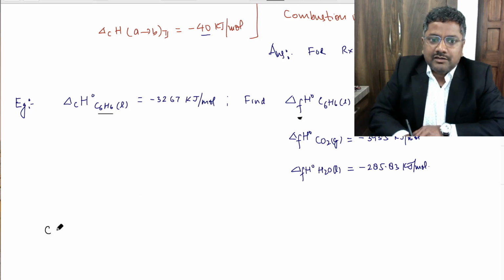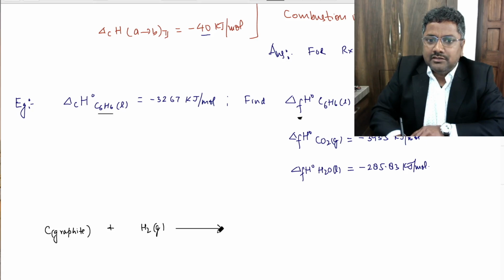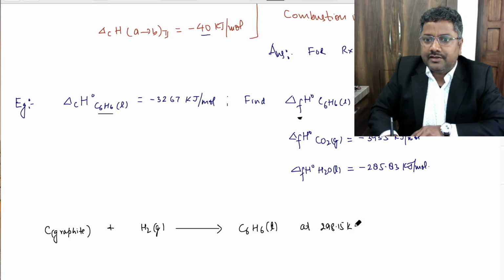The most stable allotrope of carbon is graphite, so you have to take carbon graphite, already solid, no need to write this solid, and the most stable form of hydrogen is H2 gas, and this will give you C6H6 liquid at 298.15 Kelvin and 1 bar pressure.